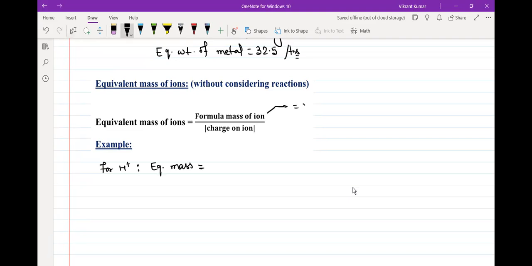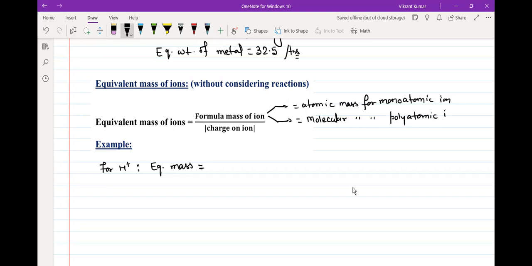This is equal to atomic mass for a monoatomic ion, and this will become molecular mass for a polyatomic ion. So for hydrogen, this is monovalent, its atomic mass is 1 and its charge is also 1, so we'll say its equivalent mass is 1.